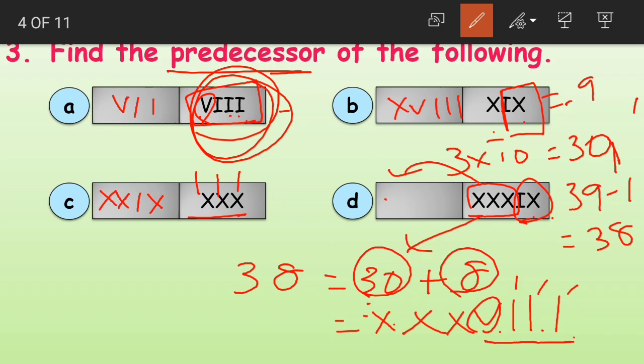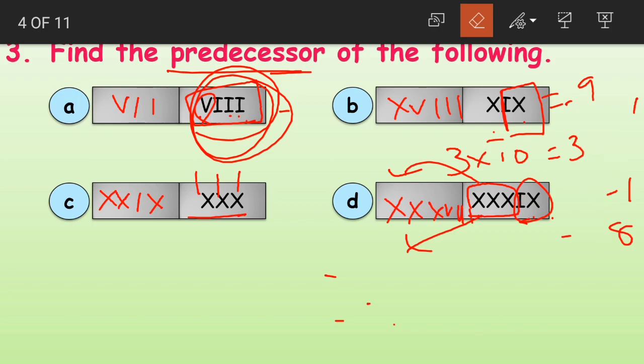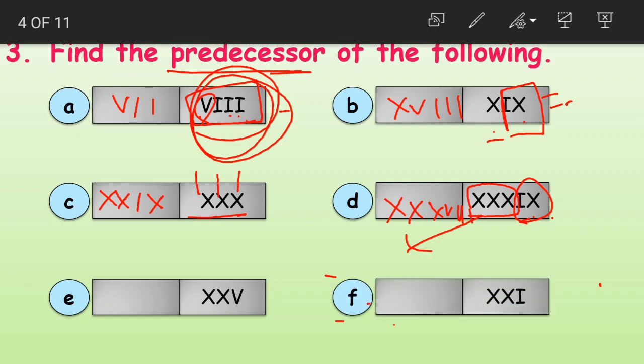VIII is equal to 8. So, the predecessor of XXXIX is XXXVIII, which is 38. Is this clear, children?